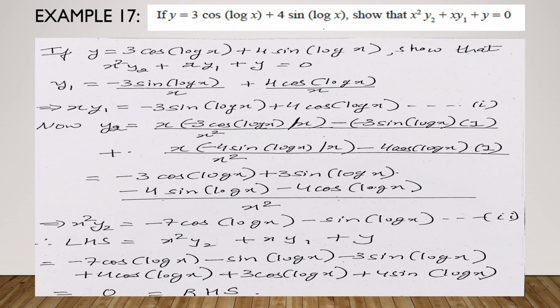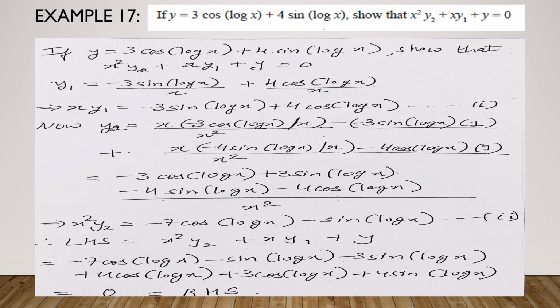Now from y1 you find y2. Just take care in the simplification. First we find the second derivative for the first term of y1. So apply the quotient rule. So denominator will be x square, numerator it will be x into the derivative of minus 3 sin log x, which is minus 3 cos log x into derivative of log x, which is 1 upon x.